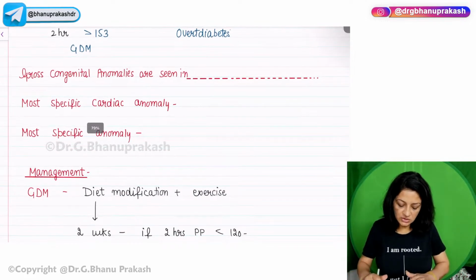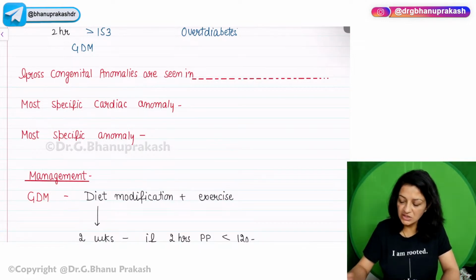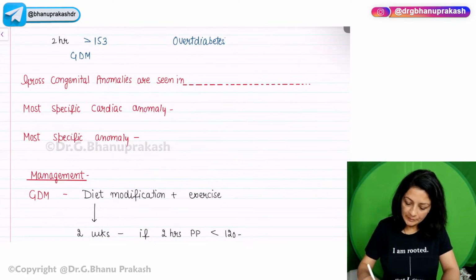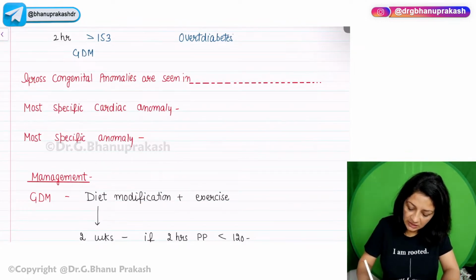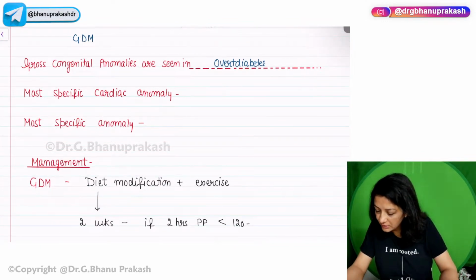So what gross congenital anomalies are seen? Which anomalies, and when will we find them, in which condition will they be more common? So gross congenital anomalies are seen in GDM and overt diabetes. In which condition will they be found, GDM or overt diabetes? Yes, anyone? Seen in overt diabetes. Yes, I am getting right answers here.